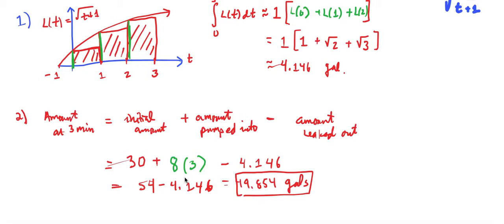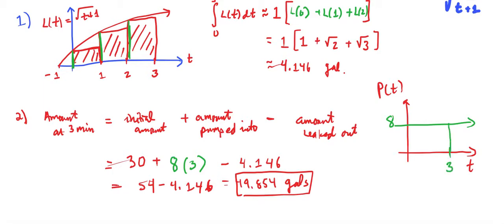So this 8 times 3 here is also a definite integral. Let me just talk a little bit about that. The amount that flowed in, so I'll call this P of T, the amount that was pumped in, is fairly simple. The amount that is pumped in is always 8 gallons per minute, and this 8 times 3 here, what we're really doing is calculating the area beneath the curve of P of T, the amount that was pumped into the tank.